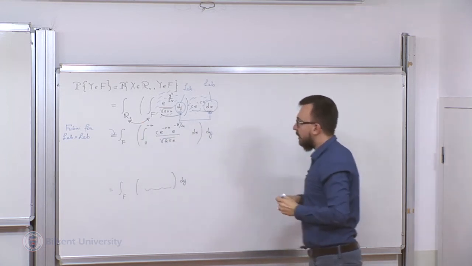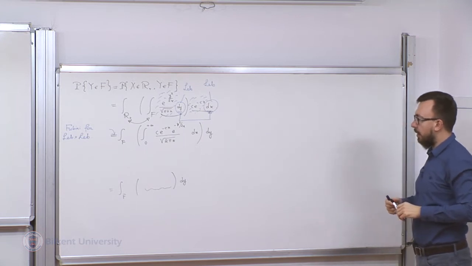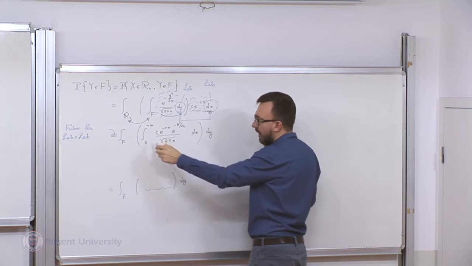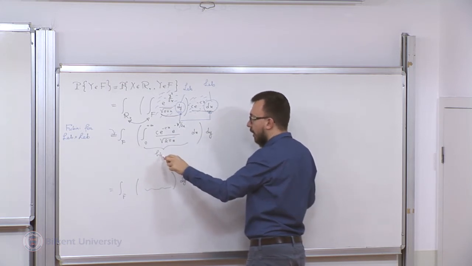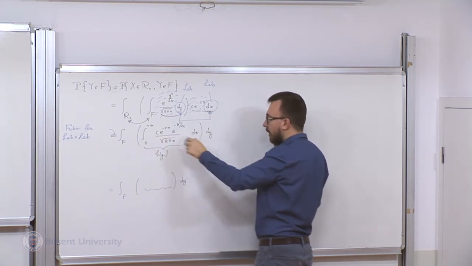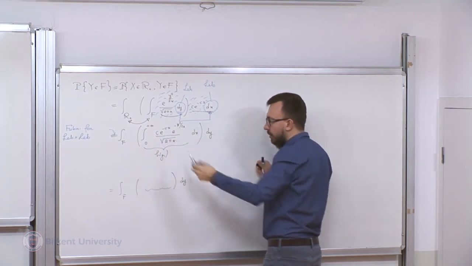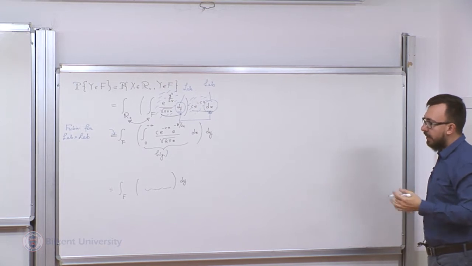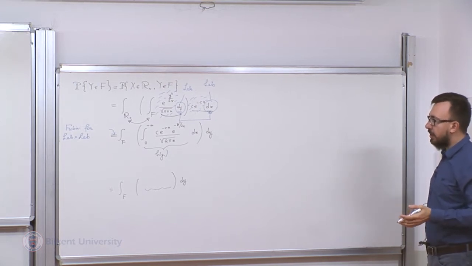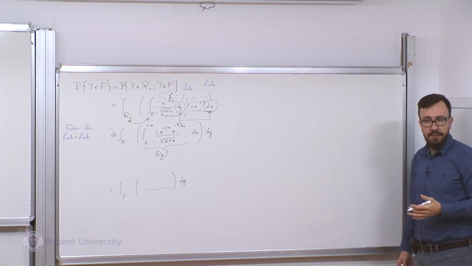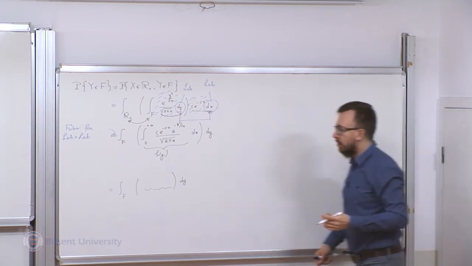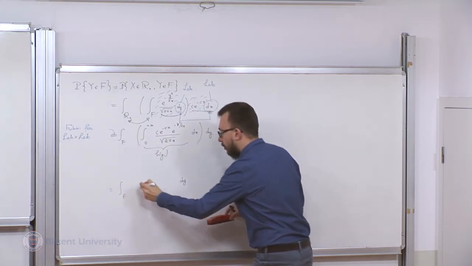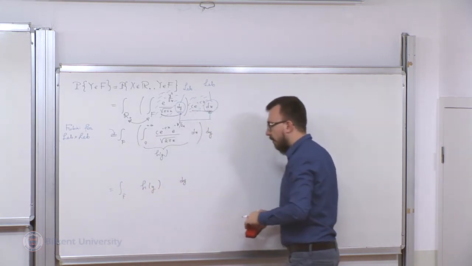So if I call it h, this is going to be a function of y, because the integral with respect to the x variable gets killed. And whatever this function h is, it is going to be the probability density function of y. So I can just write h of y dy here.